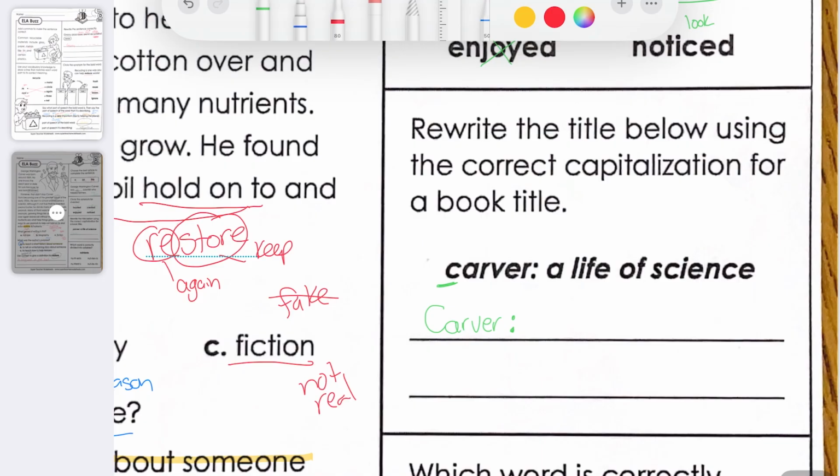A Life of Science. You would start A Life, of is lowercase, Science. We talked about this in class, that titles are capitalized, but words like of or the, unless they're at the beginning, and an and a, unless again they're at the beginning, are lowercase.